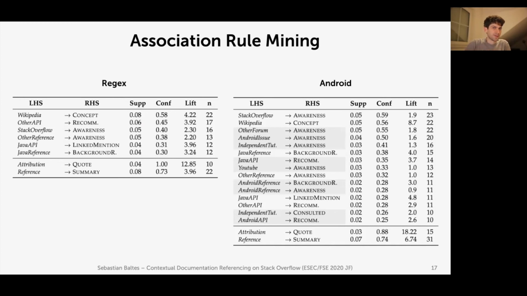And you see, for example, that Wikipedia links are frequently used to provide definitions or descriptions of concepts, and Java API links are often used in the form of linked mentions. These are the embedded links to API documentation that I introduced earlier in the talk.